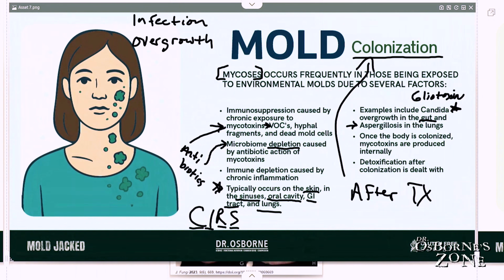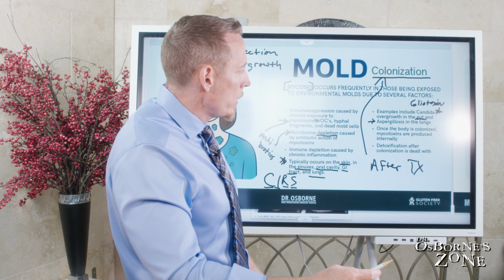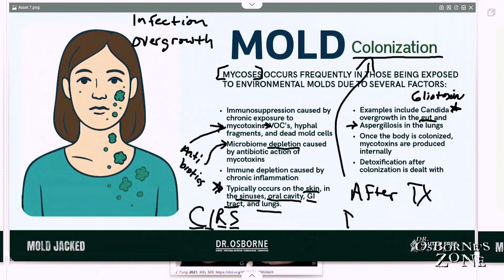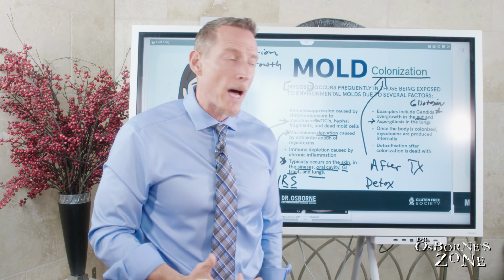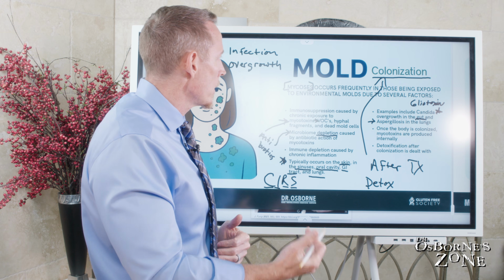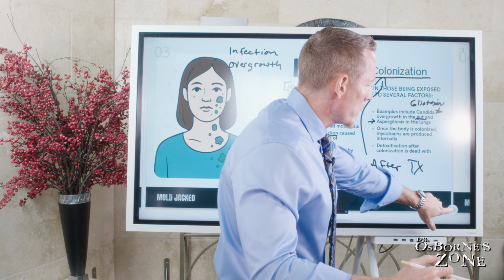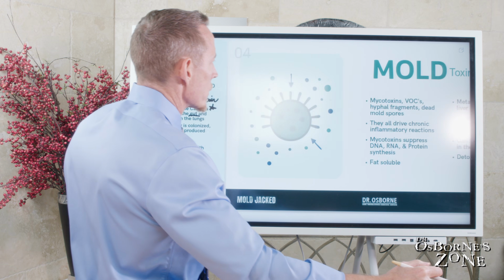So step one is you have to deal with the colonies that are growing on you or in you before you can begin detoxification. The next step in that would be detox. So you have to do it in the right order, or you'll fail, become very frustrated, become very symptomatic. And that's why I'm parsing out these differences, because if you don't know this, you're going to be a miserable person trying to detox yourself.